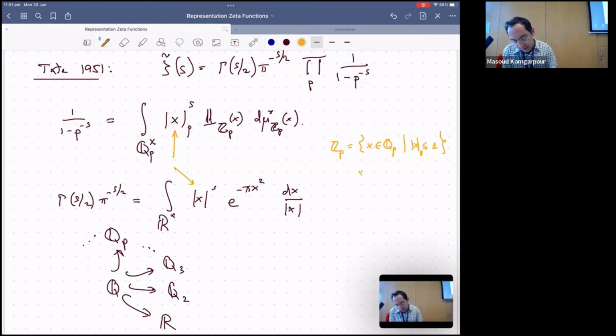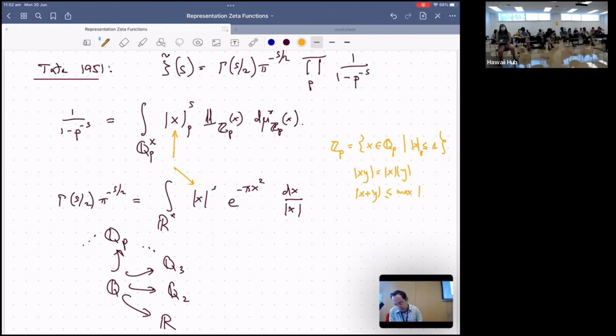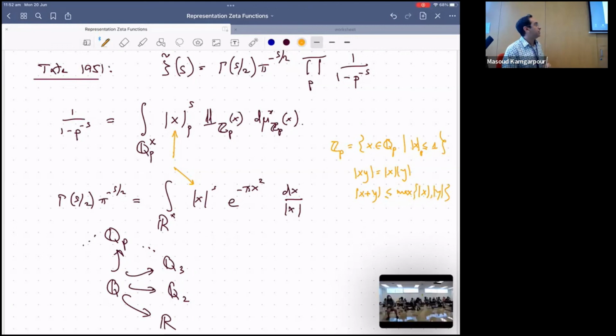By the multiplicativity of the norm, this is closed under multiplication. And here you see why you need the ultrametric: it's closed under addition, so this is a ring.